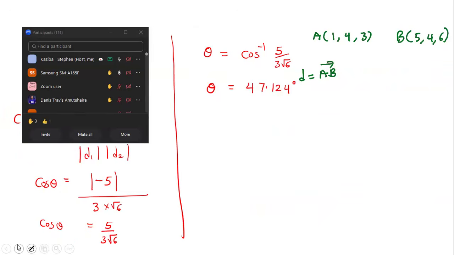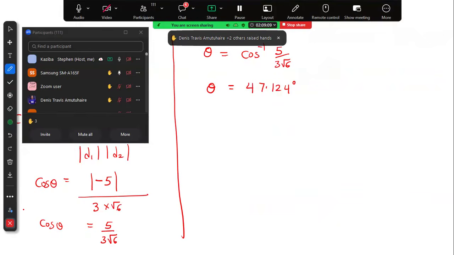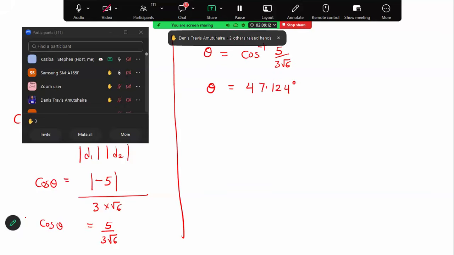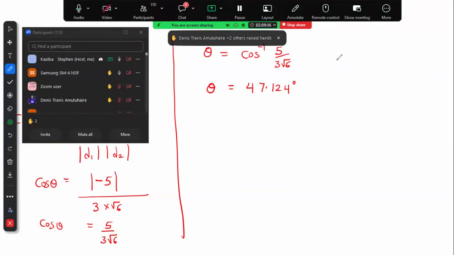But actually I had a question about the difference between the direction vector and when they give you X, Y and Z. Now, X, Y, and Z are individual directions.